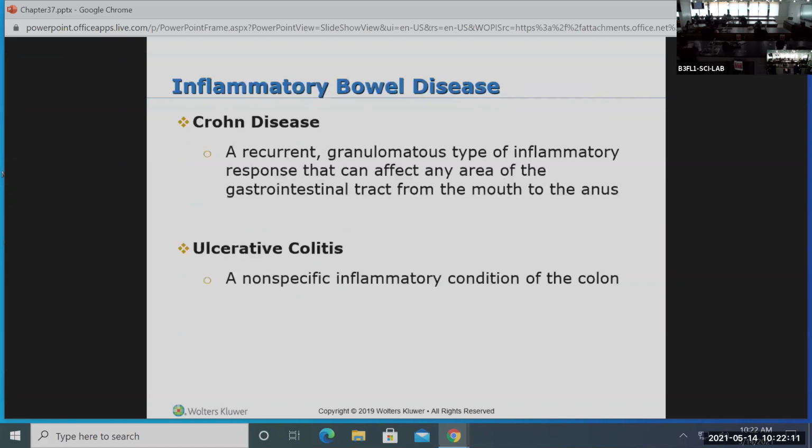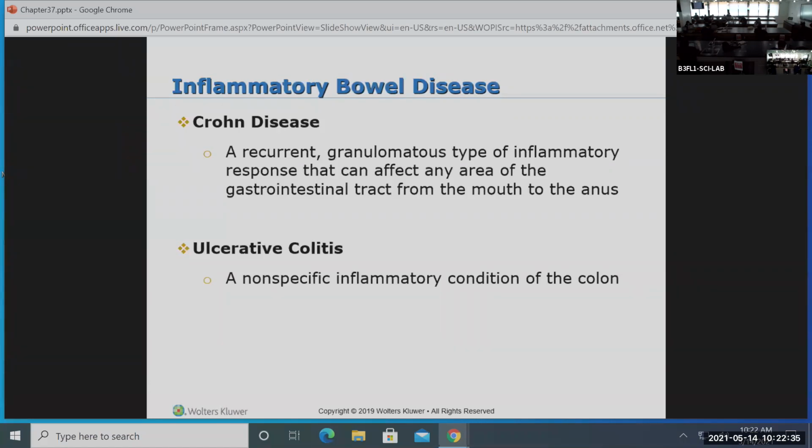Now Crohn's disease, please highlight it as one of the conditions that falls under inflammatory bowel disease. Highlight everything right now.